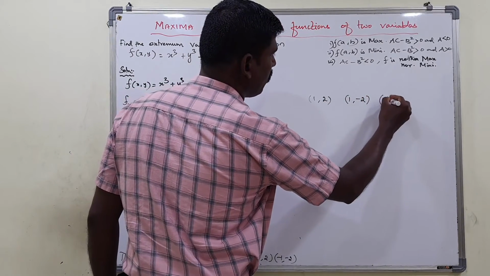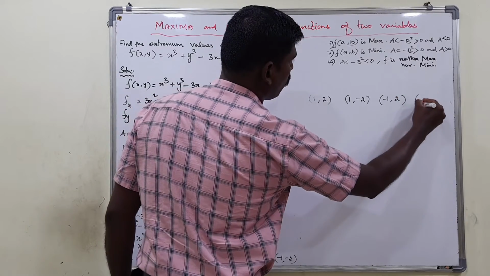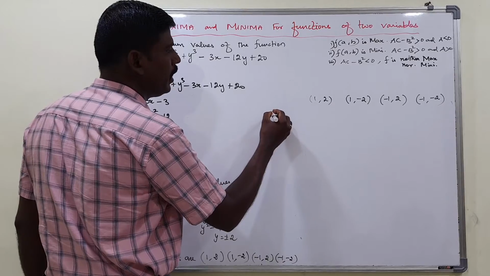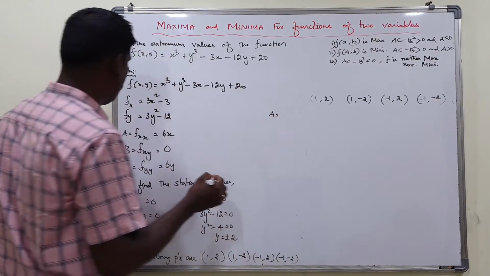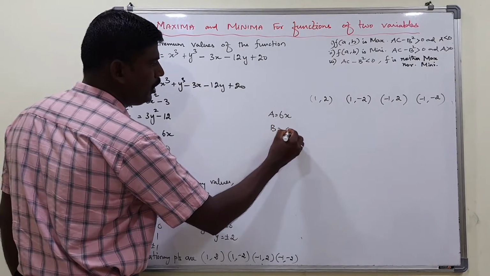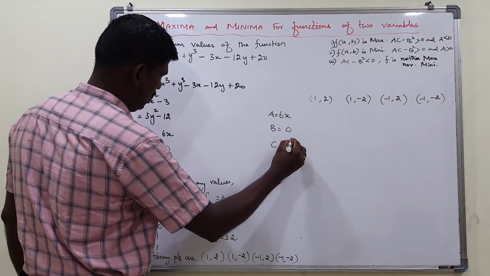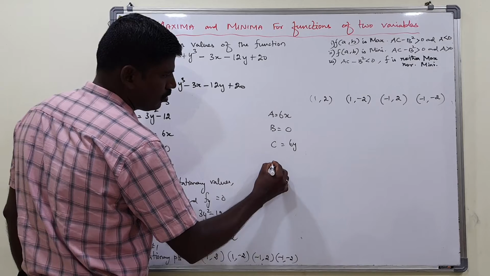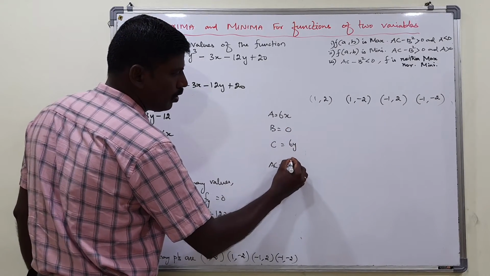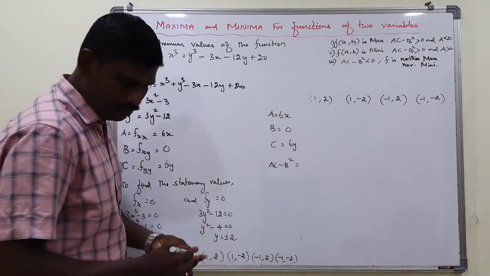The third point is minus 1 comma 2. The fourth point is minus 1 comma minus 2. So what is A? 6x. What is B? Already it is 0. What is C? 6y. So after finding A, B, C, we go for finding AC minus B square.